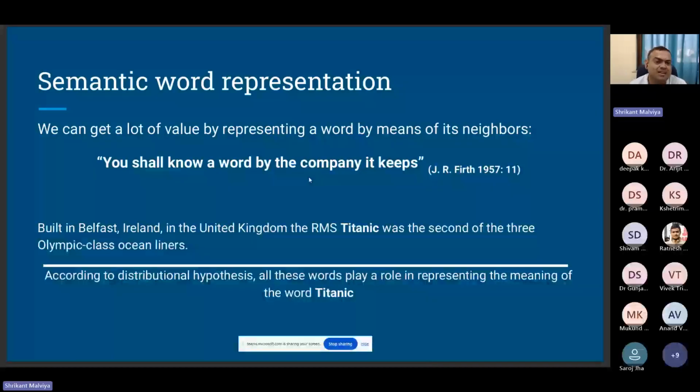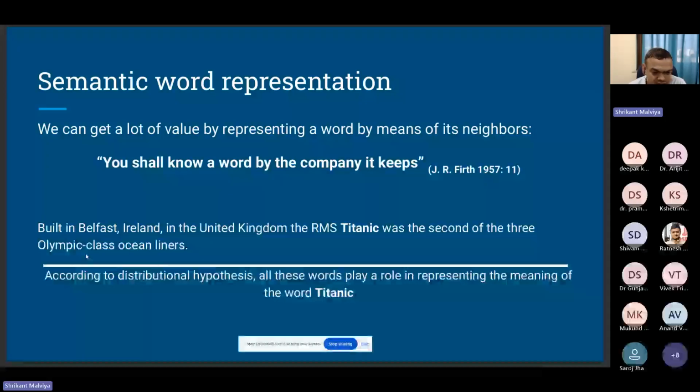If bank has surrounding words which represent a jungle or some riverside area, then you will understand it's talking about the river and its edge. So the more semantic information a word carries, and if we are able to represent it, that will be the best representation for a given word.